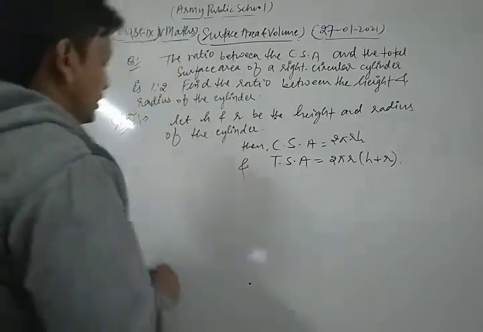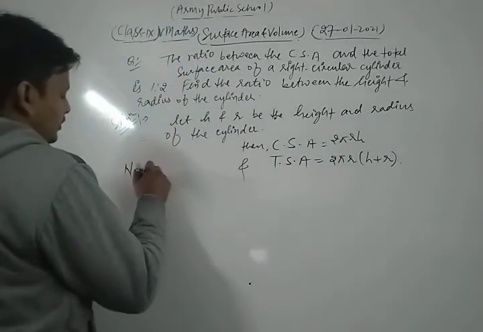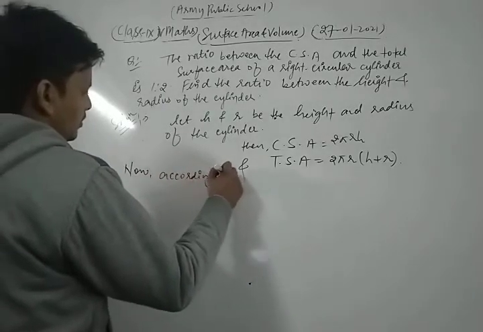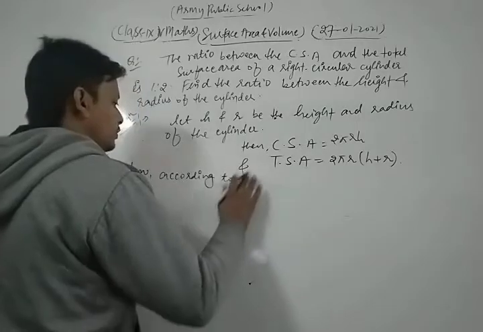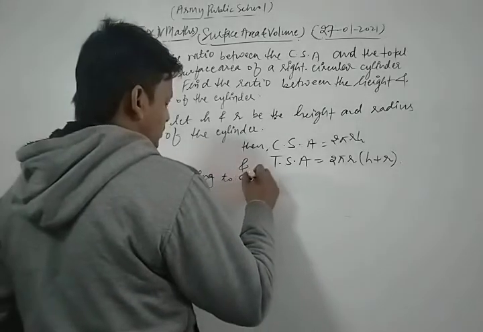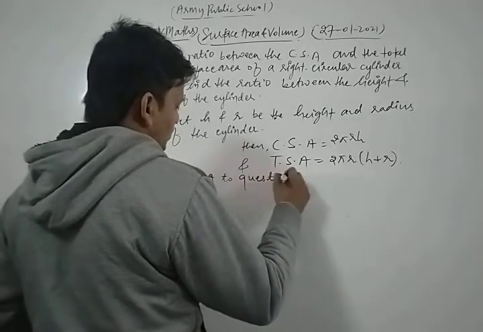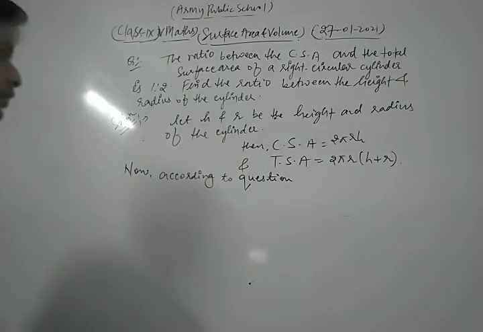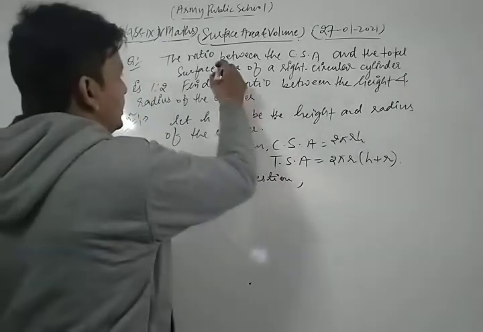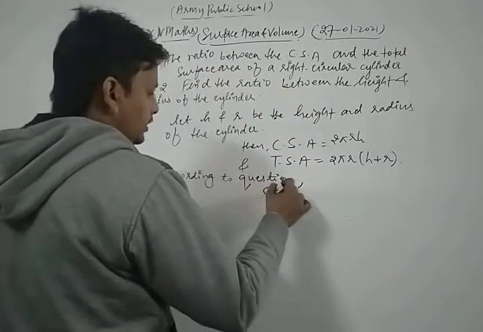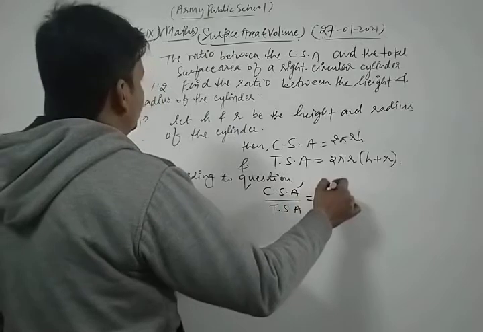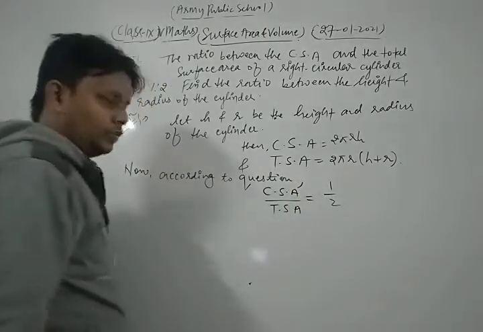Now according to the question, the ratio between the curved surface area CSA upon TSA is equal to 1 upon 2.